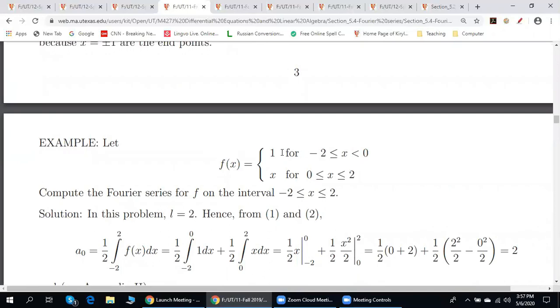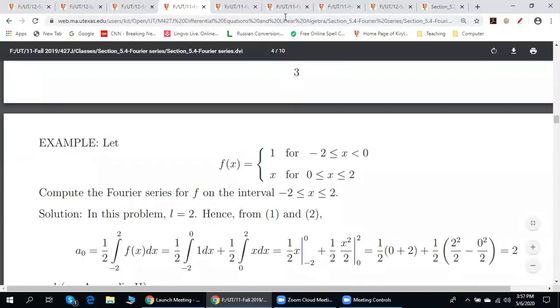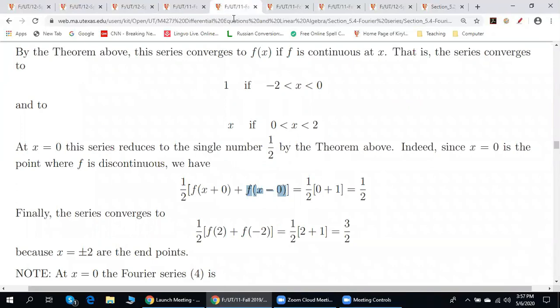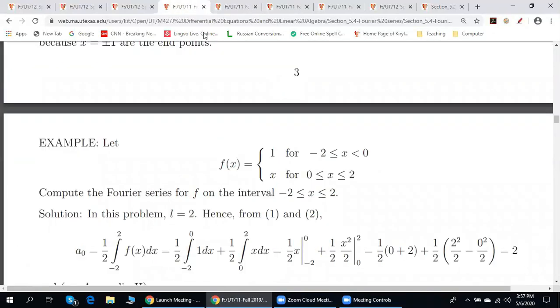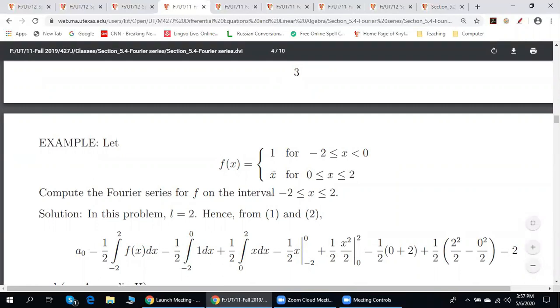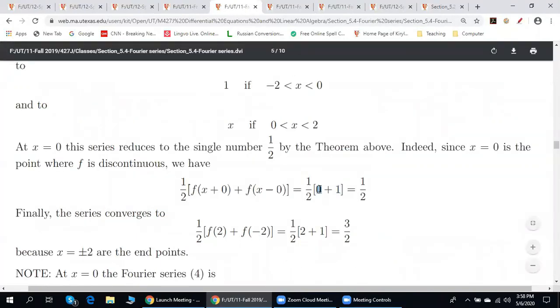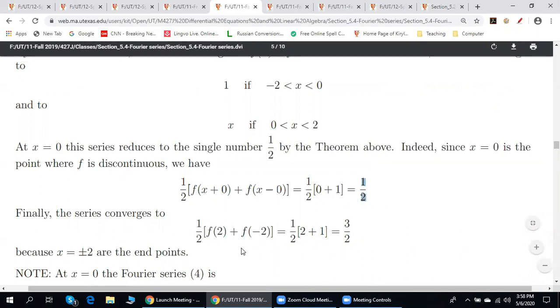On the left, it's 1. It's exactly what we have here, 1. On the right, it's x, but x is equal to 0, so it's 0. It's exactly what we have here, 0. So 1/2.